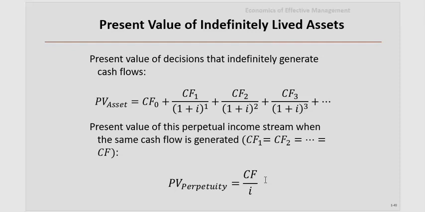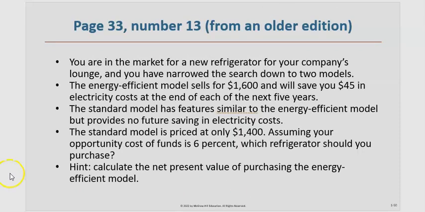All right, so let's look at an example here. You're in the market for a new refrigerator for your company's lounge. You've narrowed down the search to 2 models. The energy efficient model is $1,600, and you're going to save $45 in electricity costs at the end of each of the next 5 years.